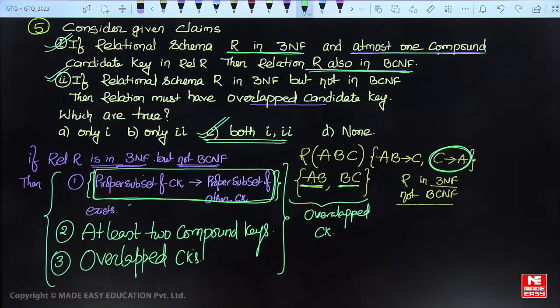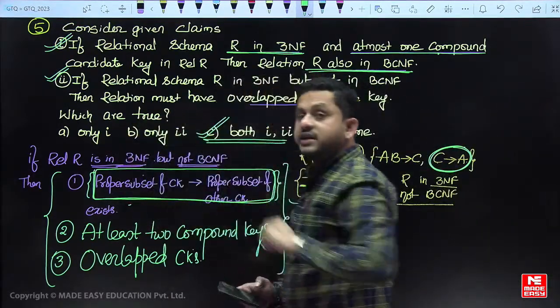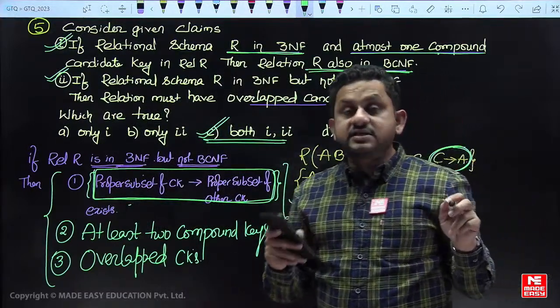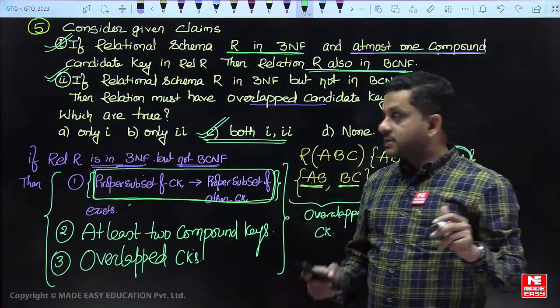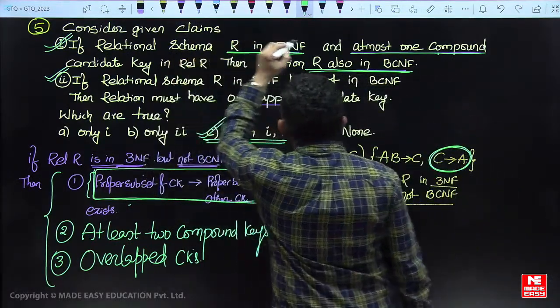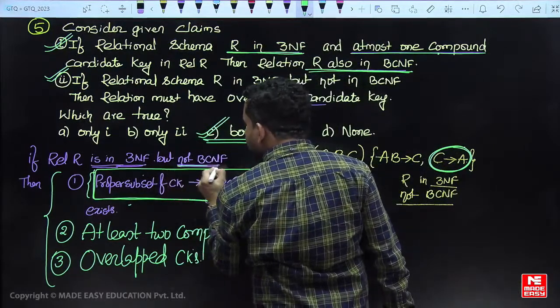Sambhav says that AB determines C and B determines D. If you take AB determines C and B determines D, it fails not only BCNF but also 3NF, because B determines D is a partial dependency. The question is not only about not BCNF.